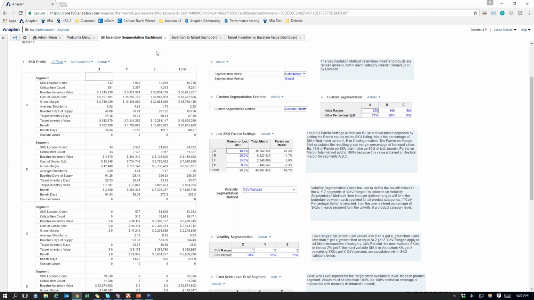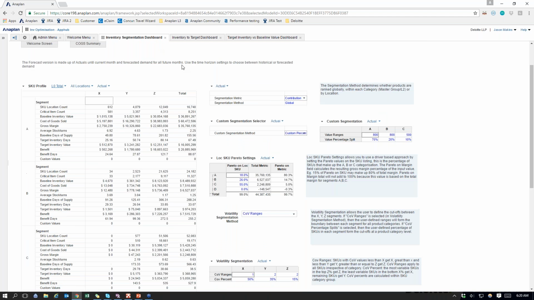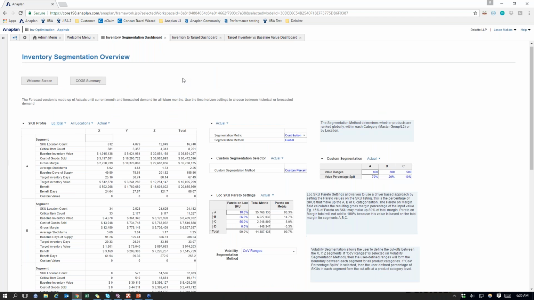So what we're looking at here is what a lot of our clients really love, and it's kind of the final answer. The day zero, when we load the first hierarchies in, we load the first data in, this is a place where we start to say, let's take a look at a high level snapshot of what we're seeing around setting target stock levels and segmenting your products.